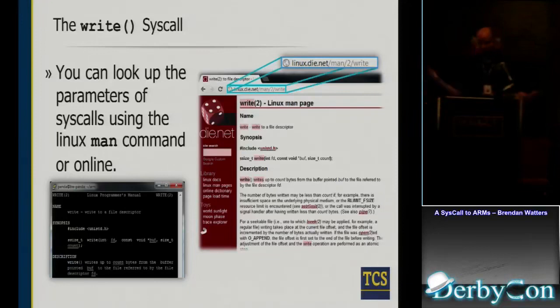In this particular case, it takes a file descriptor. So in this case, we're going to use standard out, which means print out in the console. It takes in the address of the buffer you want to print and the number of bytes in that buffer. So we're expecting 3 parameters to go in. So at this point, I know I need to populate R7, R0, R1, and R2.